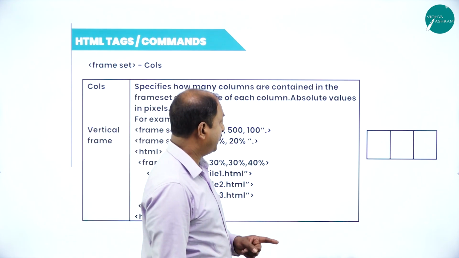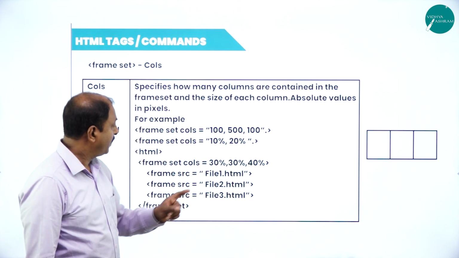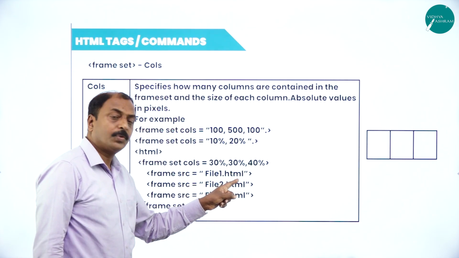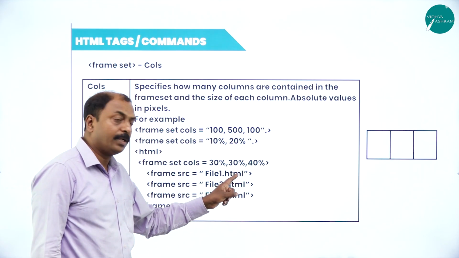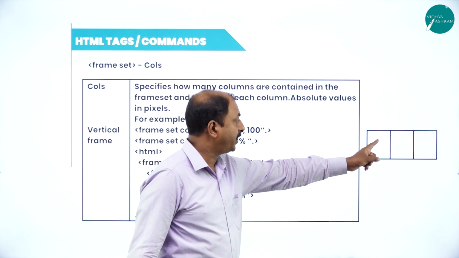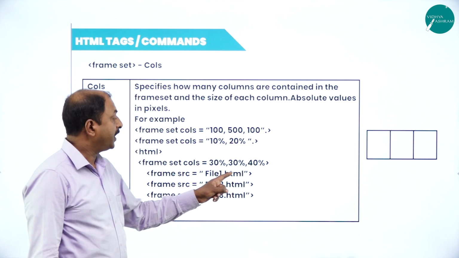So in this example, there are three sections or three frames, and each frame will load an independent program or independent HTML code. The first column or first frame loads file1.html.